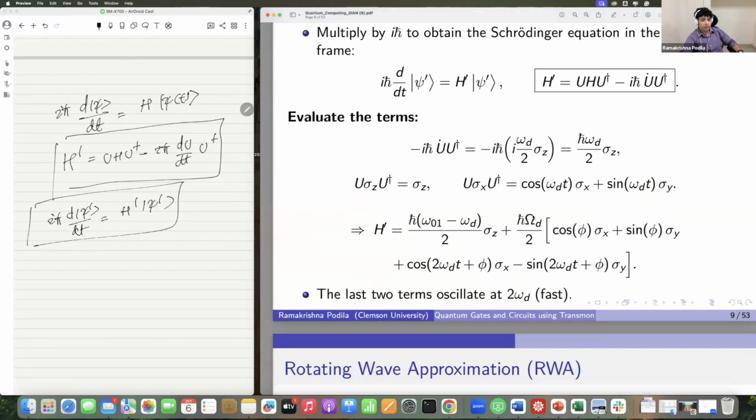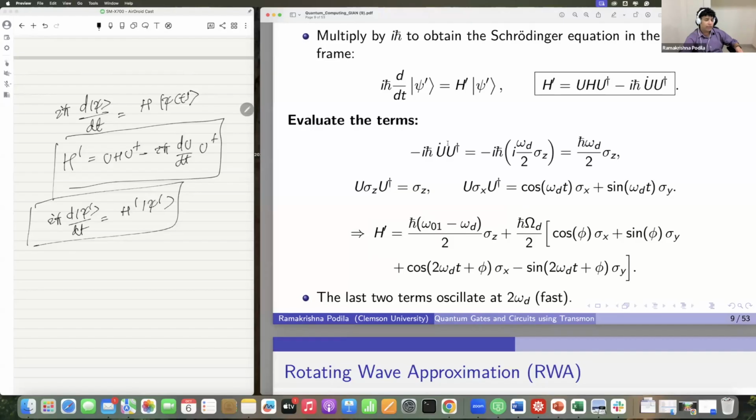And we know the form of this U. Here U dot is simply the same thing as dU by dt, just a simpler notation, right? So then I can first evaluate this U dot U dagger.